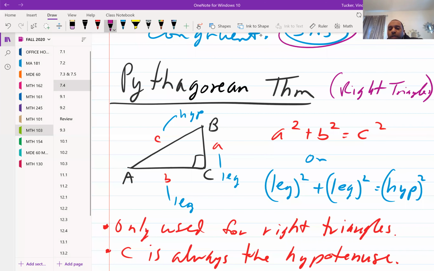A squared plus B squared is equal to C squared. Those are our sides, A, B, C. A and B are considered legs, and C is the hypotenuse. So you could look at it as leg squared plus leg squared equal to hypotenuse squared.